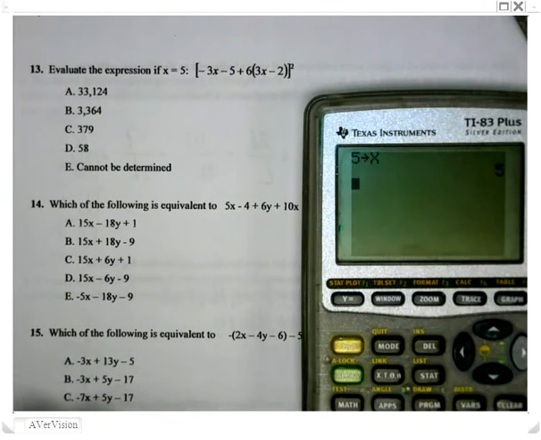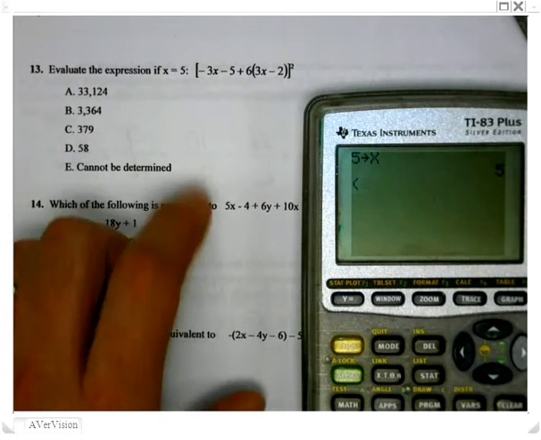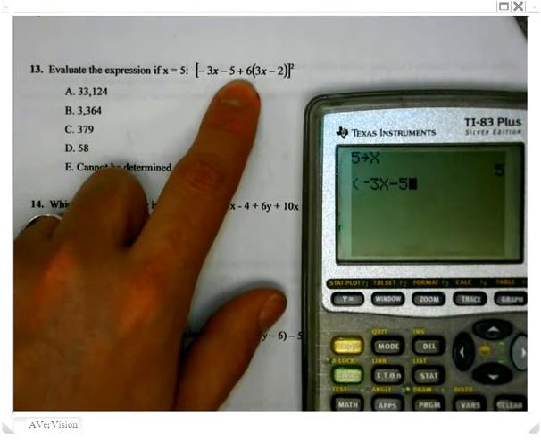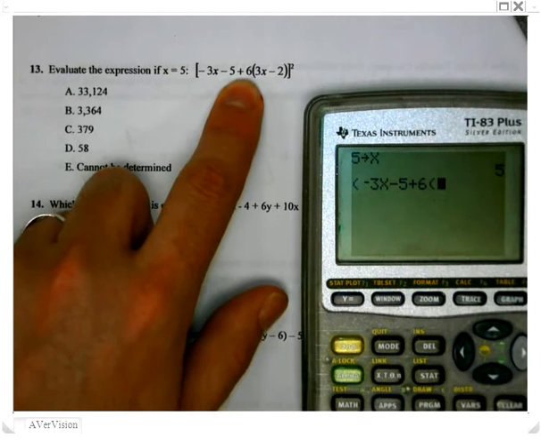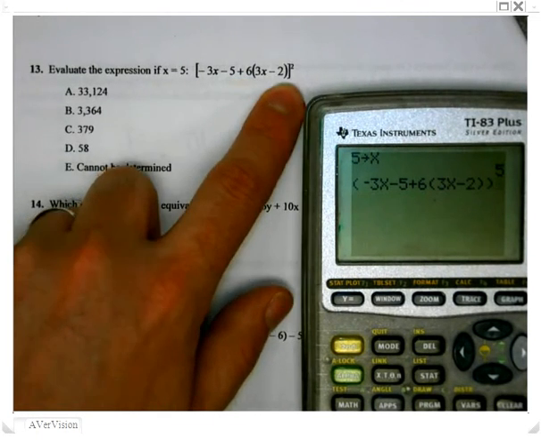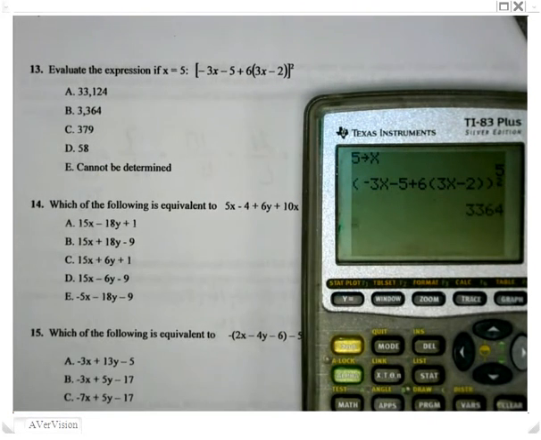And then I'm going to type in what I see. I don't have to have brackets. Parentheses work just as well for this. So -3x minus 5 plus 6, and then I'll use parentheses again. And I need the second one there to be my bracket, and then squared. Hit enter, and I get my solution. Now again, I can get the same thing doing it manually, but I wanted to let you see both ways how this could work.